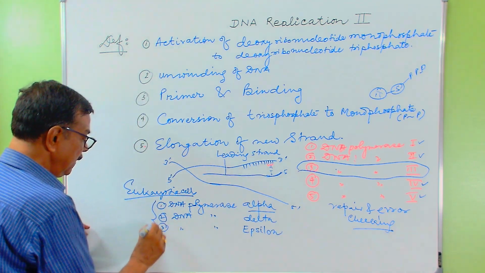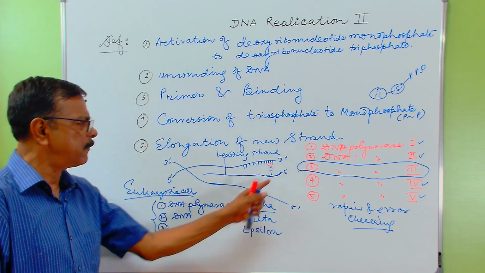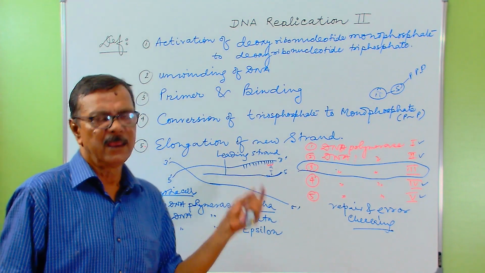These are the three primary polymerases which are responsible for the elongation of the strand, or forming the new strand.